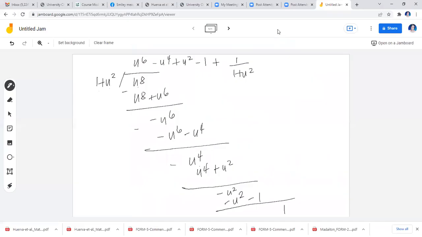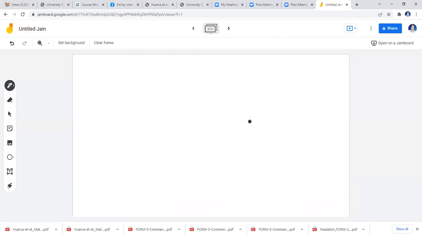Okay, let's go to next page. We have negative 2x plus 4 divided by x squared plus 1 times x minus 1 squared.